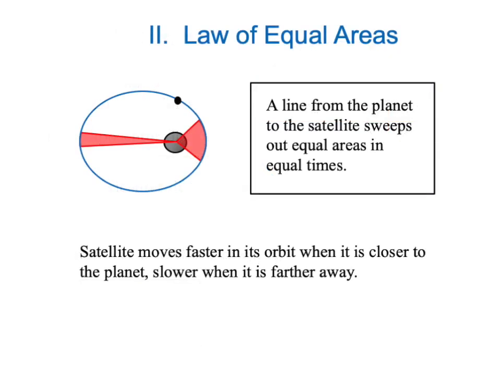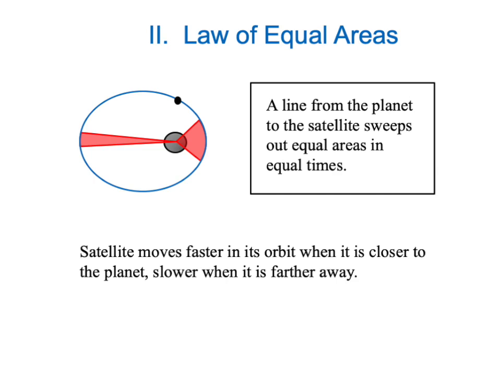Kepler's next law is about how the planet moves along its orbit, or the satellite in our language. How does the satellite move along the orbit? Kepler realized that it didn't move at a constant speed. Sometimes it was faster and sometimes it was slower. And he managed to formulate a beautiful geometrical rule, which was quite correct. And he said if you drew a line between the planet and the satellite, that line would sweep out equal areas in equal times.